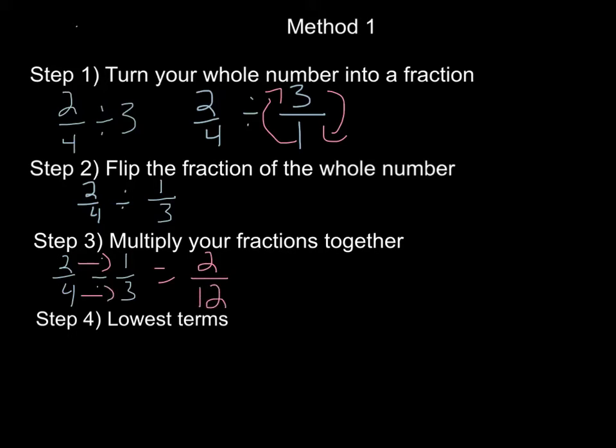So now we've got our answer, but we're not done. We have one last step, and that is to put it into lowest terms. Both can be divided by 2, and we get an answer of 1 over 6. All done. So let's look at an example for you to try.